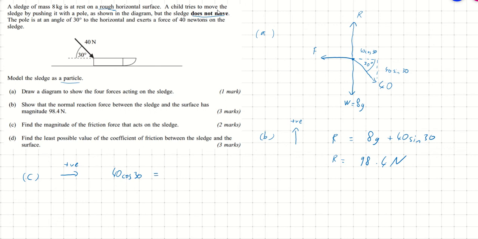So 40 cos 30, the force to the right, is going to be equal to the force to the left, which is F, our friction. So what is friction? Well, we just have to put 40 cos 30 in. It's 34.64 newtons to 2 decimal places.